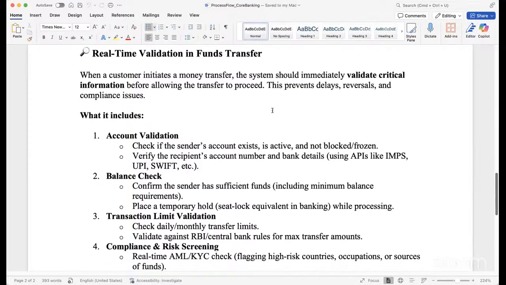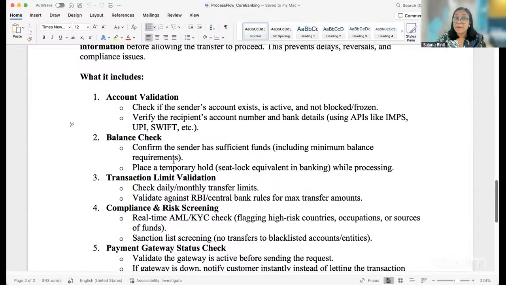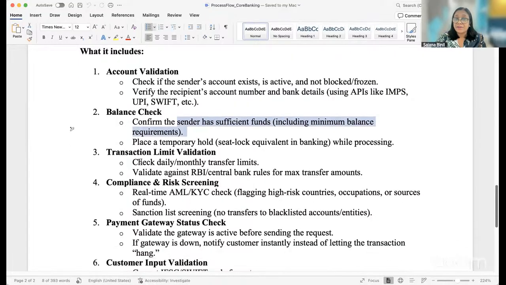Critical information is validated. That means the account holder's account is validated to see if it's active or blocked. The recipient's account number and bank details are validated. The balance is checked, sufficient funds. Transaction limit is checked. Compliance and risk screenings are done.